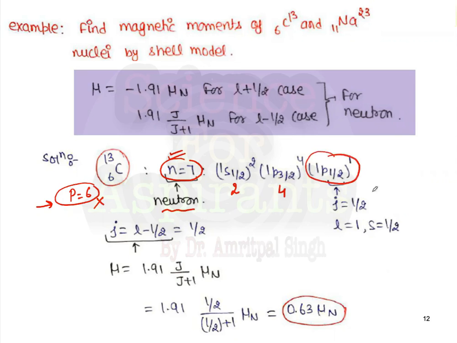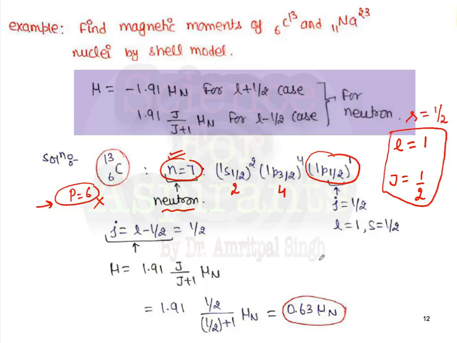From this you can see that the value of J is equal to 1/2, and this neutron is present in the p orbital. P orbital means the value of L is equal to 1. Now we have to relate these two values. As we know, neutron and proton are both fermions, having half-integral spin.